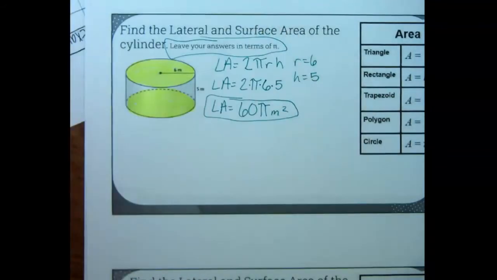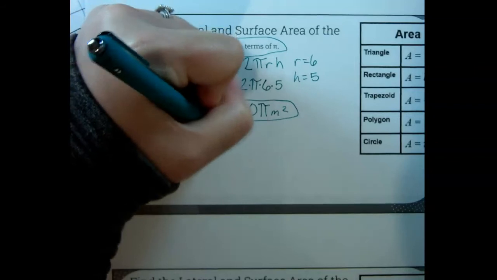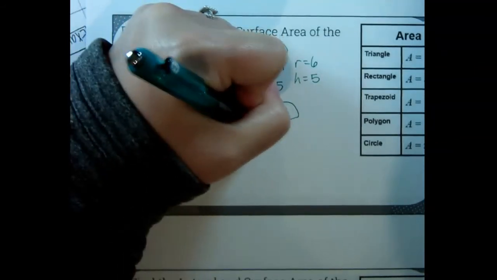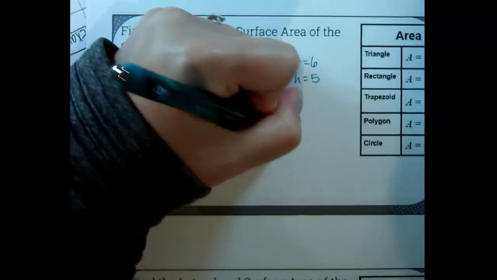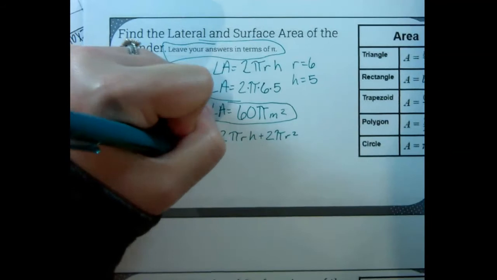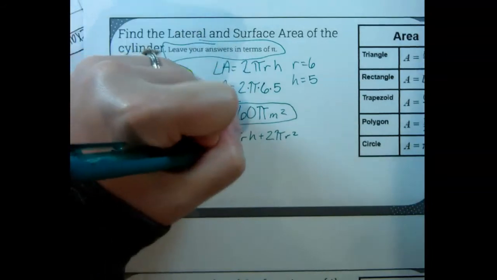I know it looks weird. This is an exact number that you don't have to round, so it actually is a little bit easier. All right, so our surface area would be 2 pi r h plus 2 pi r squared. And we already have our lateral area. So we've already done this 2 pi r h part. I'm just going to put 60 pi in there.